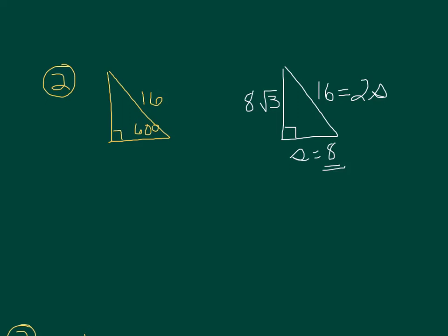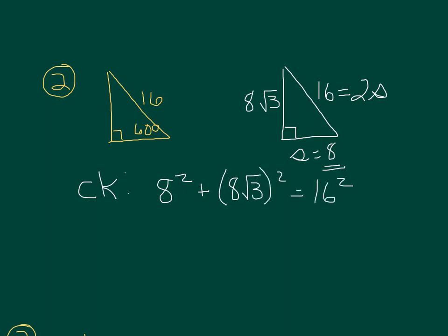Well, let's do a check. We know that a squared, in this case, is 8 squared, plus b squared, so 8 square root of 3 quantity squared, should equal 16 squared. 8 squared is 64, plus 64 times 3 equals 256, which is 16 squared.